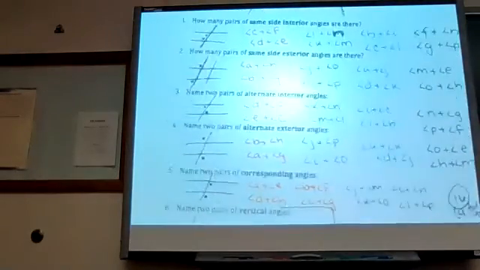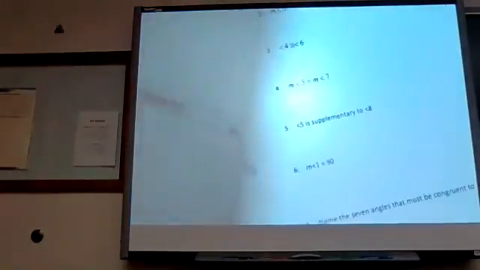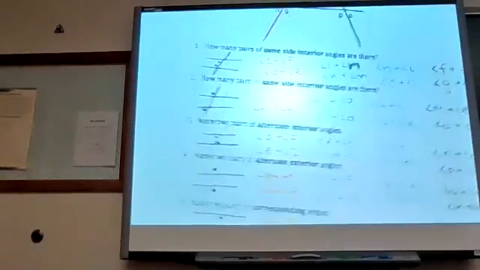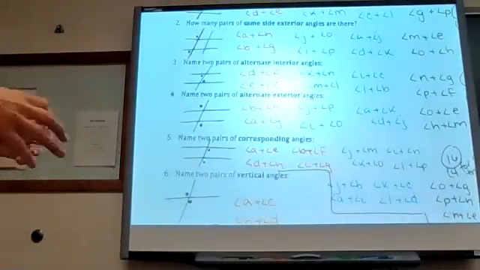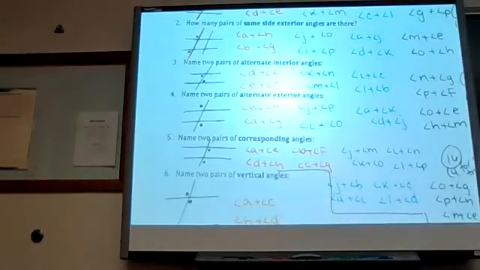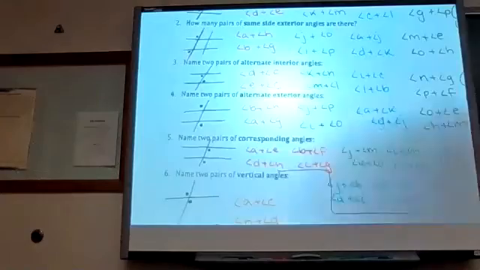Okay, so what you are going to do, I don't think I put it in here. I think I put it in your homework. So tomorrow we're going to be taking these angle relationships and applying them to parallel lines. And there's some special things that happen when we have parallel lines.